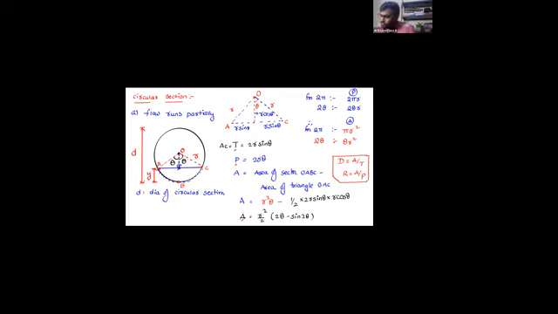So now you see, from the center to here, what is this? This is going to be radius r. And for the flow area, what is this? This is going to be the depth of flow.